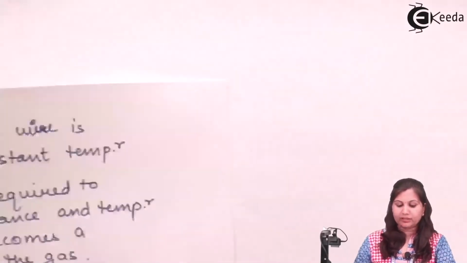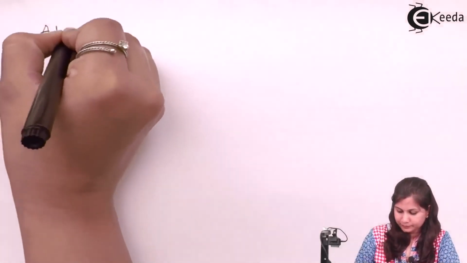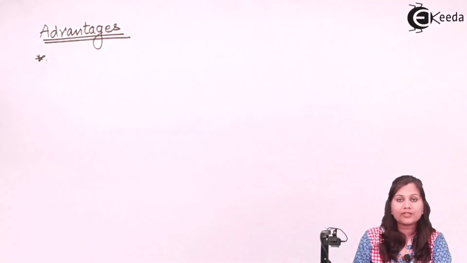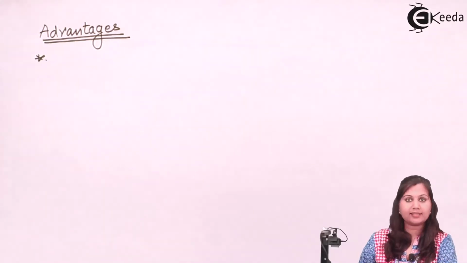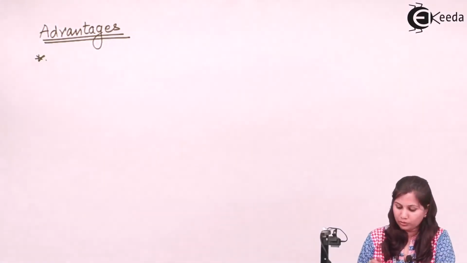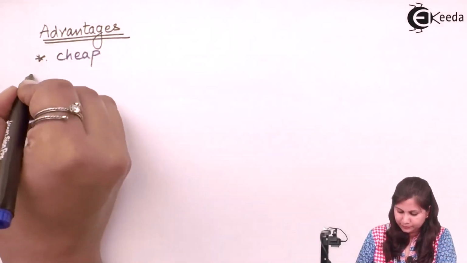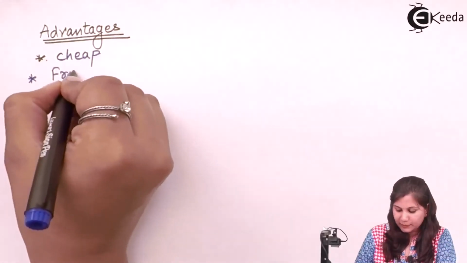So these are the two methods through which hot wire anemometers can be used to measure the flow rate of liquids or of gases. Now comes its advantages and disadvantages. The advantages of the hot wire anemometer are that its cost is relatively low, so they are cheap. Also their frequency response is high.